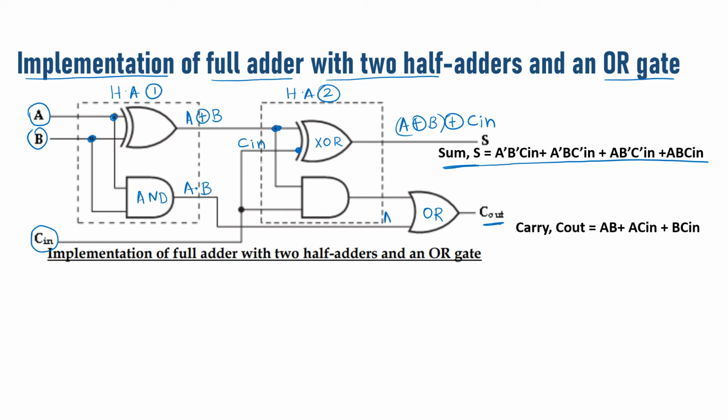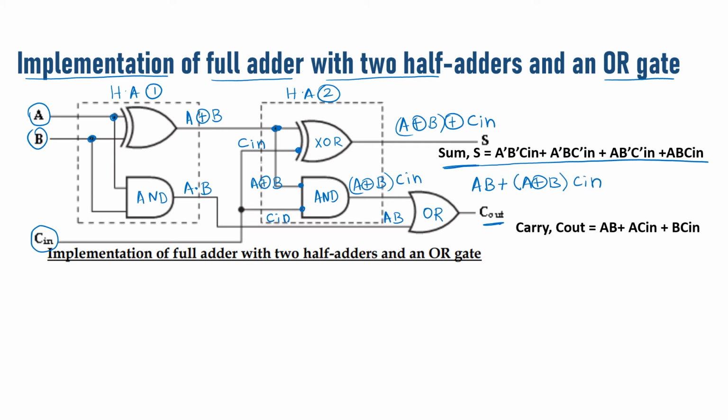Here we will get A XOR B as the input for this point, and here we will get C in as the input. So finally the output of this AND gate will be A XOR B into C in. And finally the OR gate is there. In this OR gate we will get AB plus A XOR B into C in.